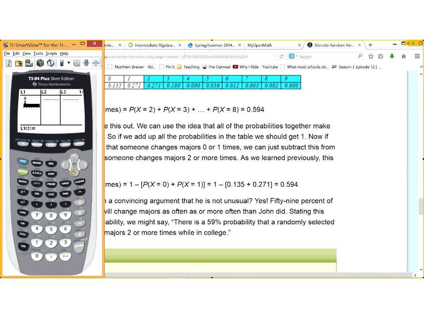Then in list 1, I'm going to put all the values of x, so 0, 1, 2, all the way up to 8. I'll use the keyboard on my computer there. And then I'm going to put in each probability. I don't really need the leading 0.